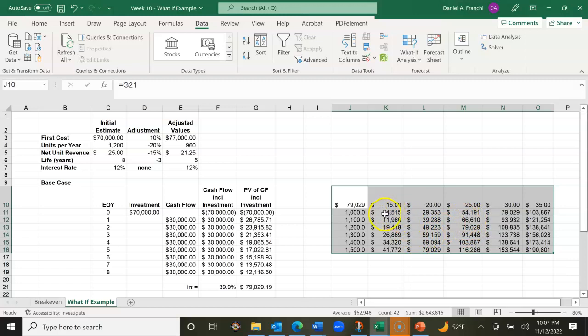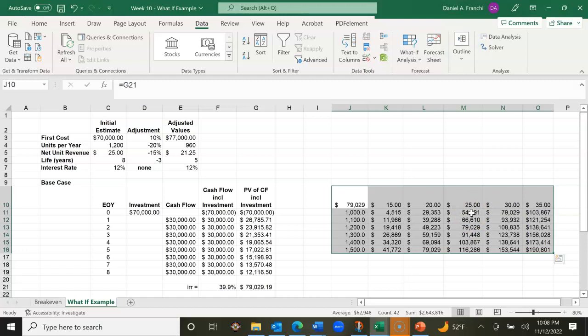If our unit revenue drops by 40%, our present value, even if we increase our units per year by, what is that, 25%, 300 over 1,200, we still can't get to the present value at a $25 net unit revenue.